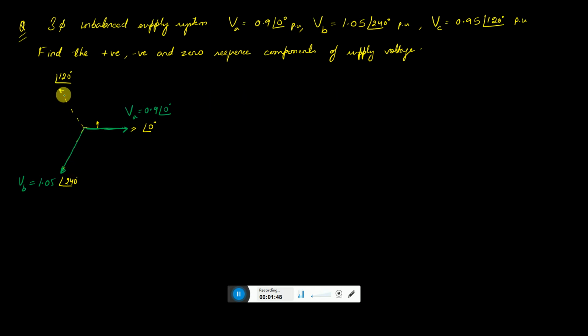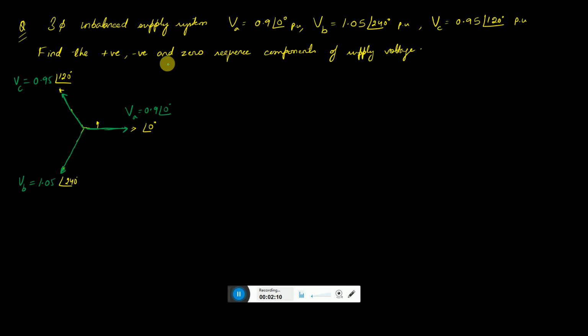VC is 0.95, a little bit lesser than that, 95 percent we can say, at angle 120 degrees. Now, VA, VB, VC are unbalanced, right?